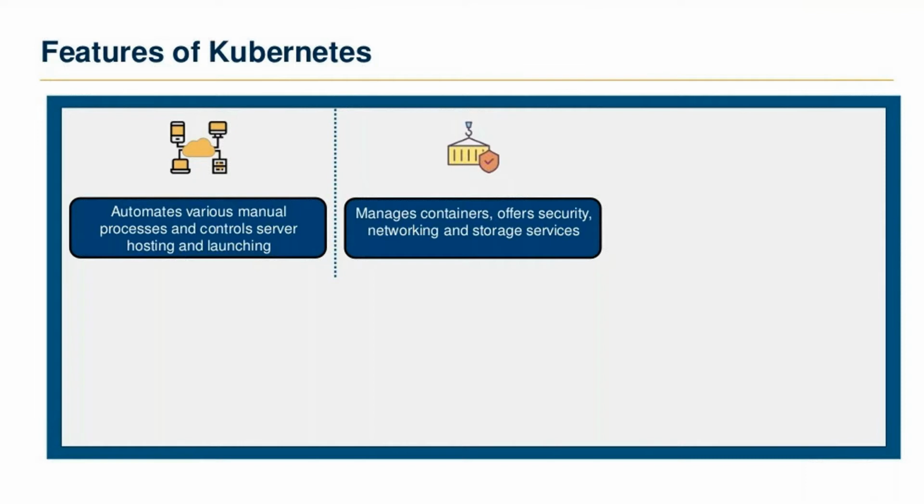We have one concept in Kubernetes: stateful applications and stateless applications. Stateless means if any application is running on the pod and the pod is corrupted, the application will be corrupted.